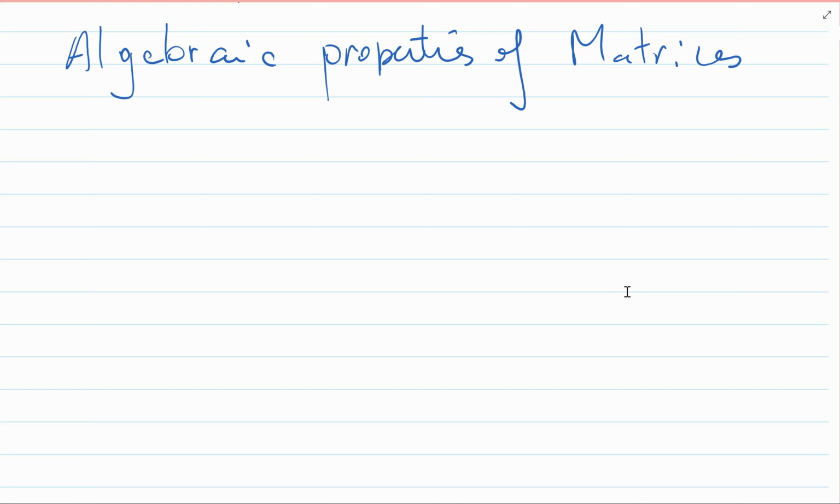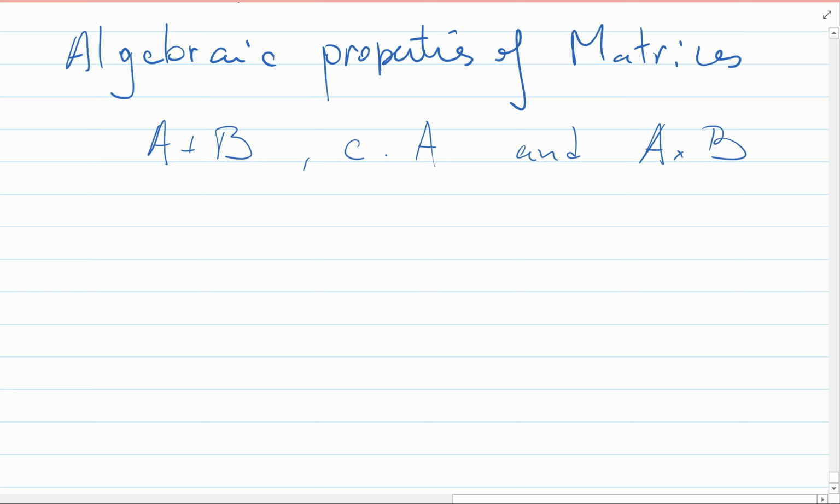So in this lecture, we'll be talking about some algebraic properties of matrices. So first, what have we defined so far? We defined the algebraic operations: addition of two matrices, multiplying a matrix by a constant, and the product of two matrices.